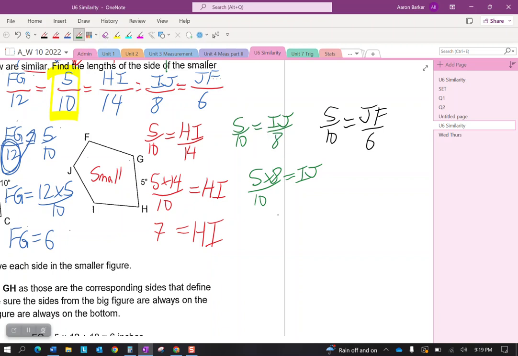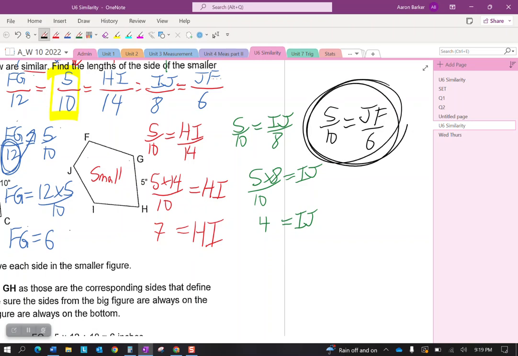And on your calculator, go ahead, multiply it. 5 times 8, divide by 10. Answer is 4. Okay, pretty good. You guys should be getting used to this now.